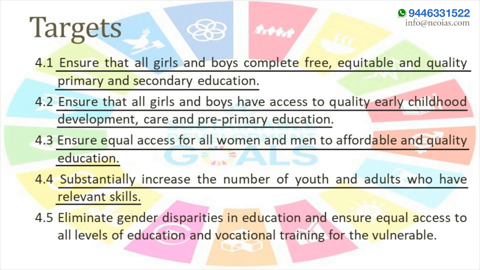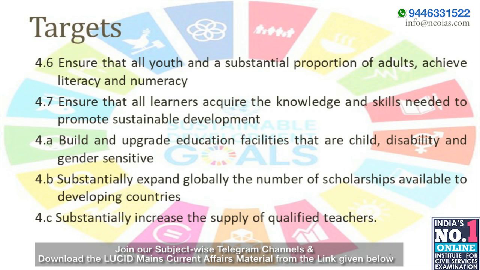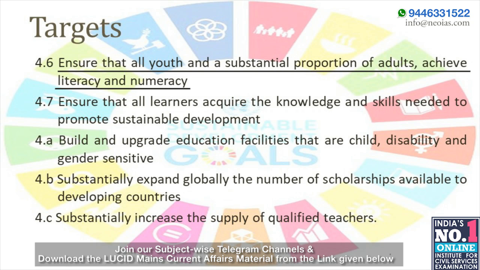Fifth one is by 2030, eliminate gender disparities in education and ensure equal access to all levels of education and vocational training for the vulnerable, including persons with disabilities, indigenous peoples and children in vulnerable situations. Sixth one is by 2030, ensure that all youth and a substantial proportion of adults achieve literacy and numeracy.